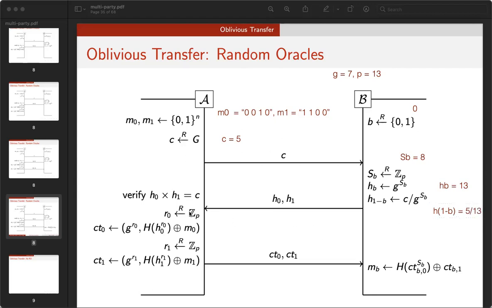Okay. First, verify the H0. So then we send HB and H1 over. Let's verify that H0 times H1 equals C. H0 is 3 times 5 over 3 equals 5. So we have passed that step. Check off all the steps we've done.